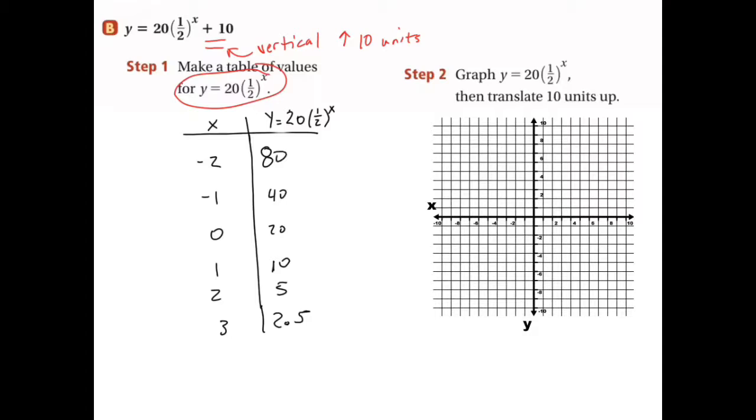So we go from 80, 40, 20, 10, 5, 2.5. Now we can graph this parent function if we want. The value at negative 2 is way up here off the graph, and then 1 is 10, so it's right here. Our graph here is not the greatest.